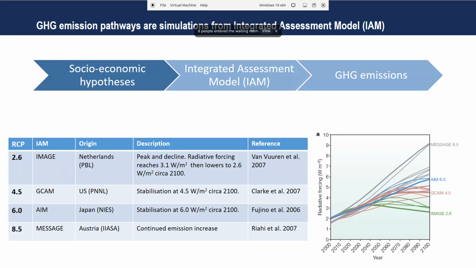And so, for example, in RCP and CMIP5, the RCPs 2.6, 4.5, 6.0, and 8.5 come from different integrated assessment models, IMAGE, GCAM, AIM, and MESSAGE, which basically describe different pathways for emissions. And these emissions go through the MAGICC model to create concentrations, which are then fed to GCMs.